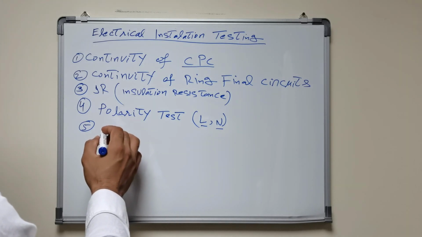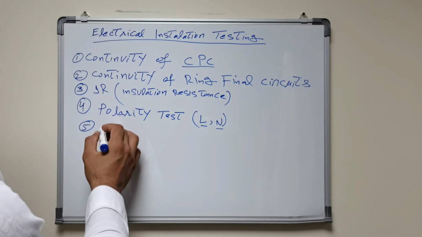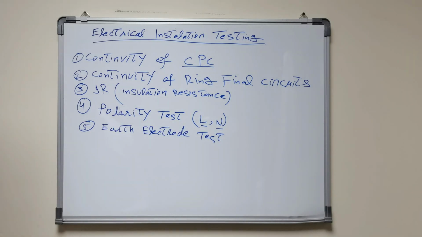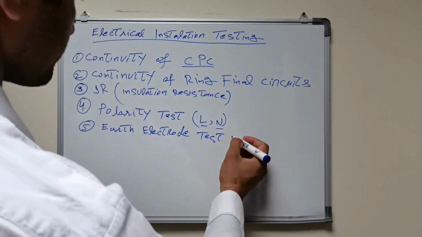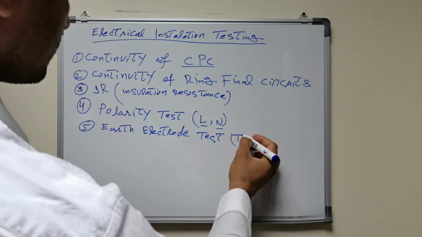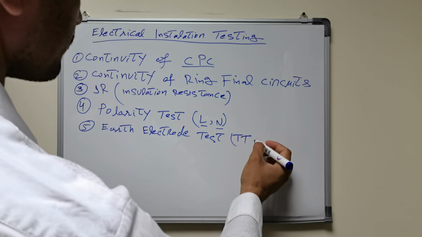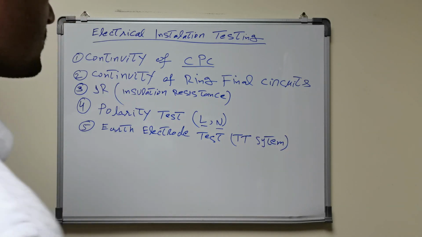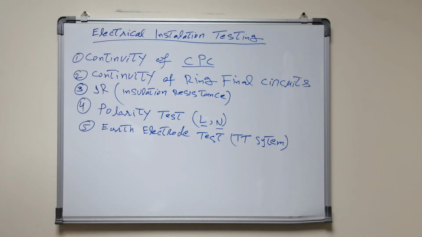Number 5 is earth electrode test. Earth electrode test is only performed on TT system. TT system means when we arrange our earthing system by ourselves, that system is called TT system.